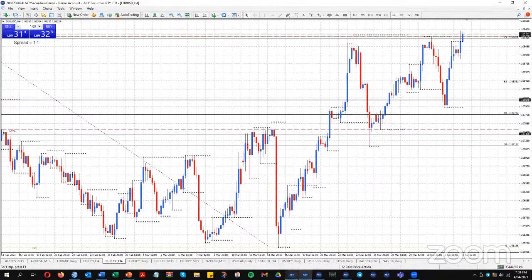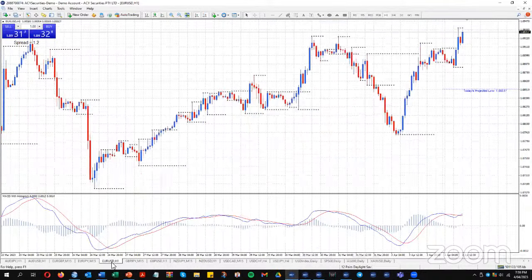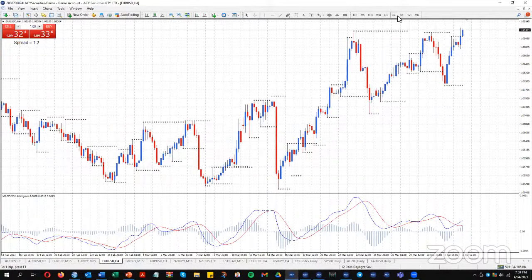What I will do, I do use MACD from time to time. So if I go to the Eurodollar, I often look at the 4-hour MACD in terms of a shift of momentum back to the downside. If I was looking up here at the moment for a potential failure, I would look for divergence.